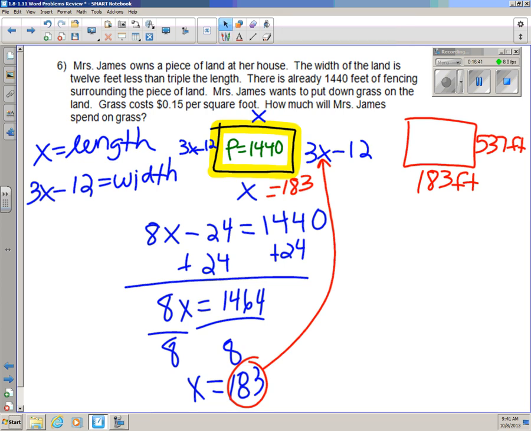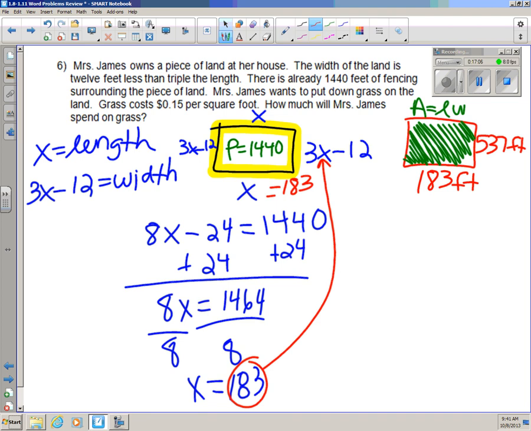It says, Mrs. James wants to put down grass on the land. Grass costs 15 cents per square foot. Well, if she's covering her land with grass, she's really looking for the area to be covered by grass, and the area is length times width.